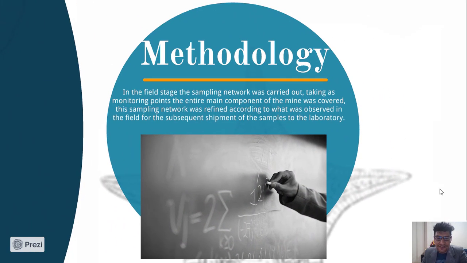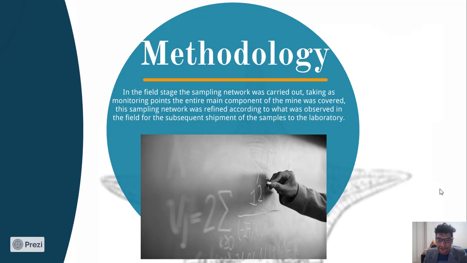For the methodology, we studied the geology, lithology, alteration, and the geochemical sampling in the field stage. The sampling network was carried out taking monitoring points. The entire mine component was covered.